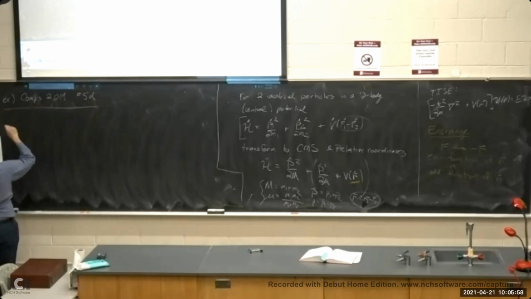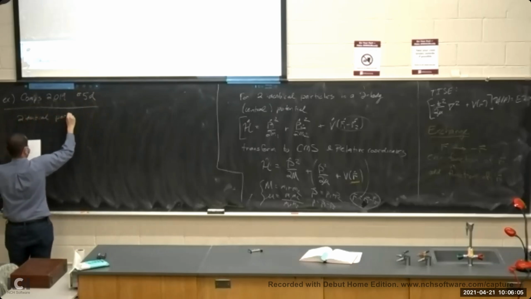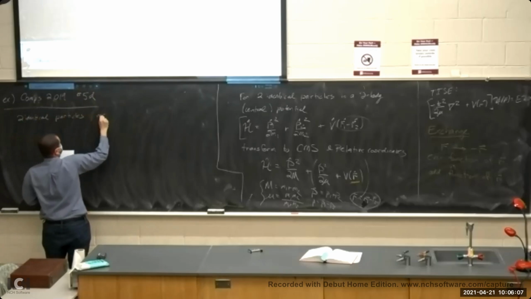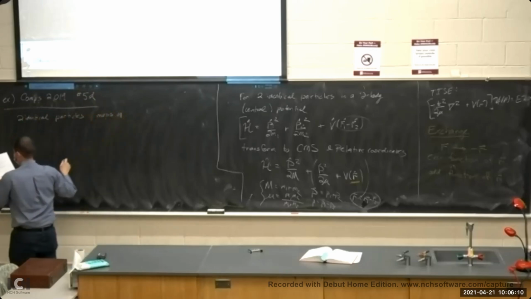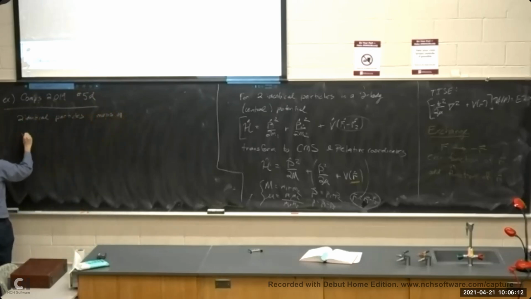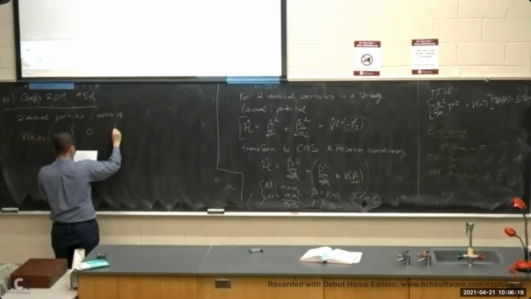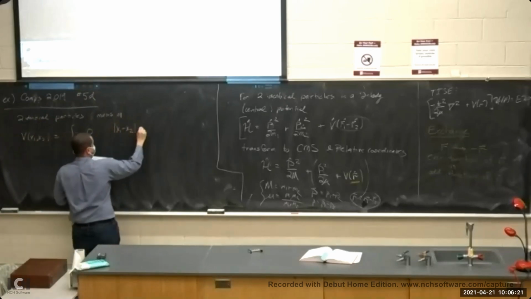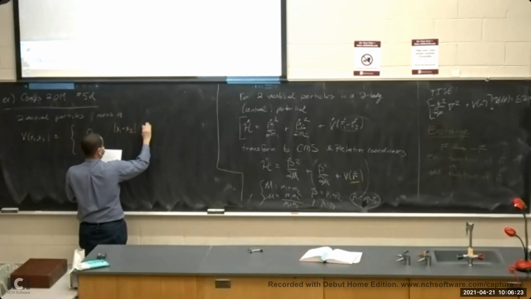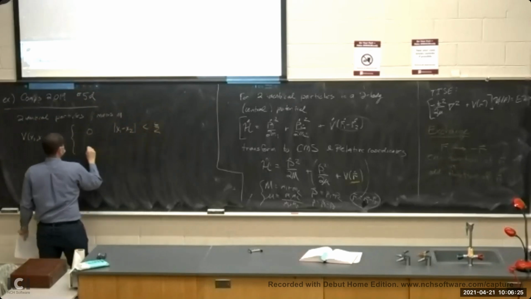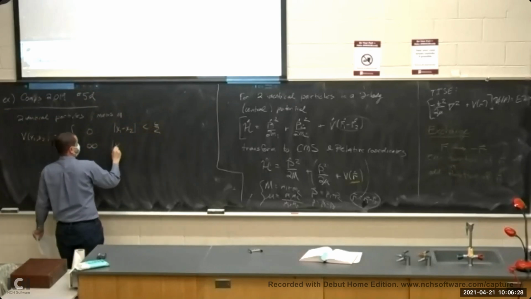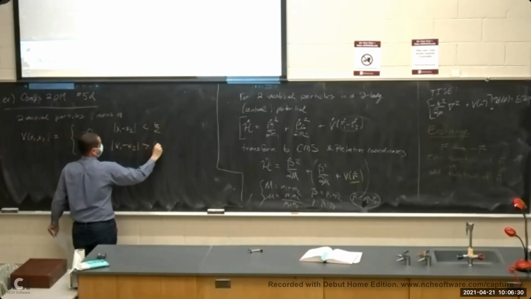You're given two identical particles, both of mass m, sitting in a relative potential V of x1 and x2 in one dimension, like a square well. It's equal to 0 if the magnitude of x1 minus x2 is less than L over 2, and equal to infinity if it is greater than L over 2.